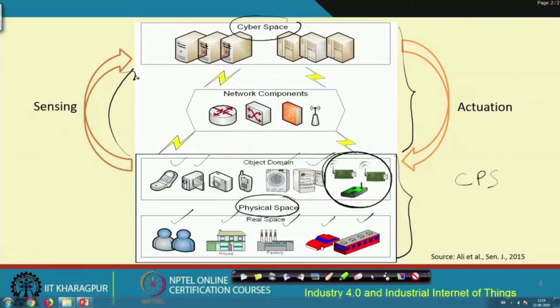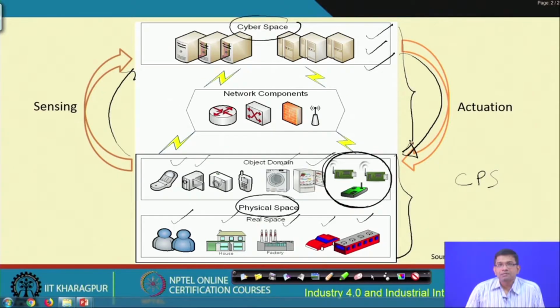This processing will be done using different servers, server farms, cloud or whatever. That becomes the cyber space. The processing is done in the cyber space, and based on the results, those results will be sent back to the physical space for actuating different devices. These could be starting a washing machine, starting a refrigerator, or starting the air conditioner in the room.